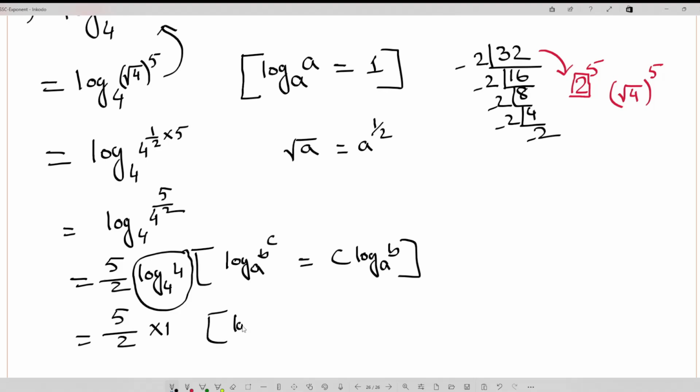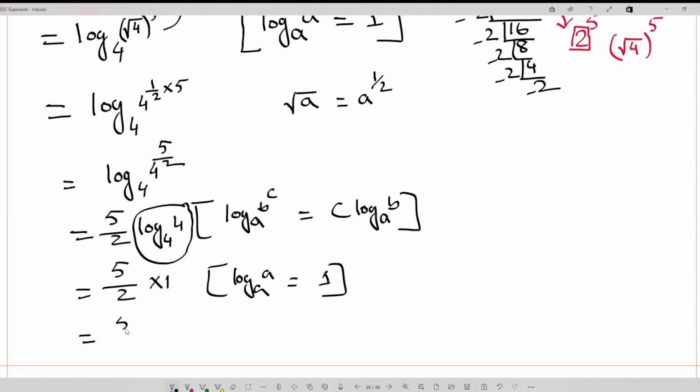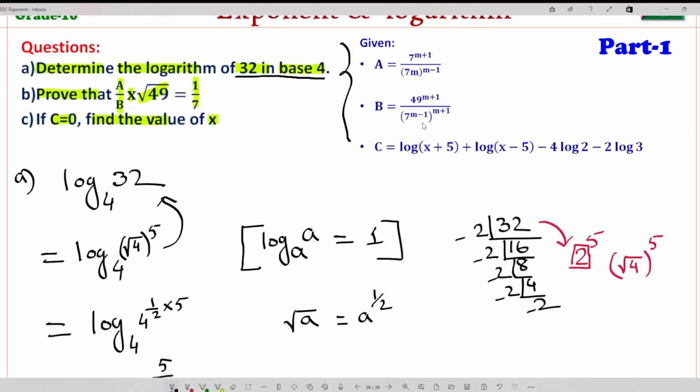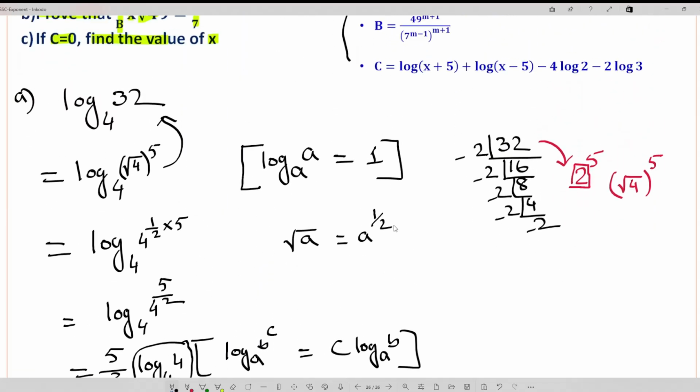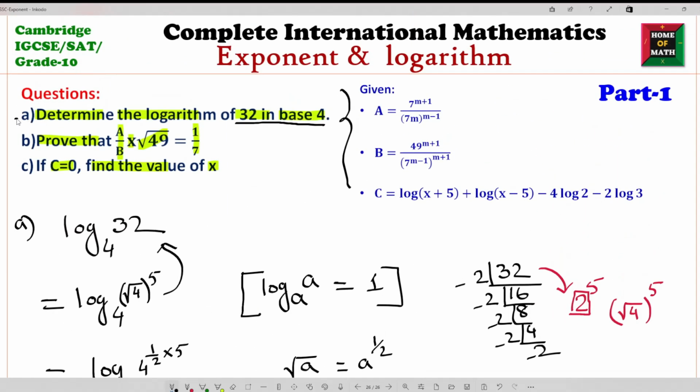Why? We know log a of a equals 1. So our answer is 5 by 2. Very simple. So determine the logarithm of 32 in base 4: the answer is 5 by 2. Okay, so the first question's answer is done.